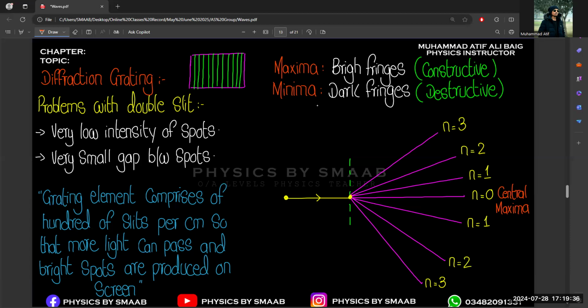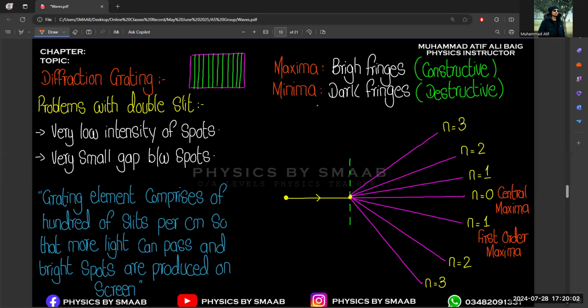This is first order. In the same way, this is second order maxima. On the other side, you will also get first order maxima, second order maxima, third order maxima.